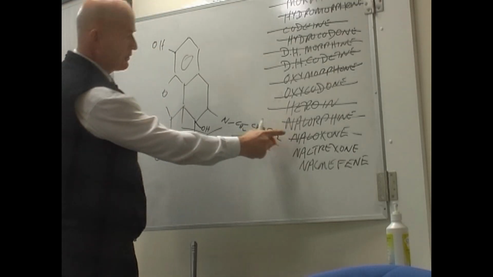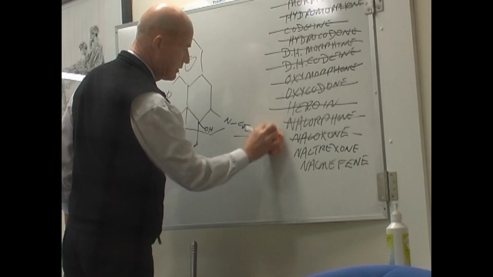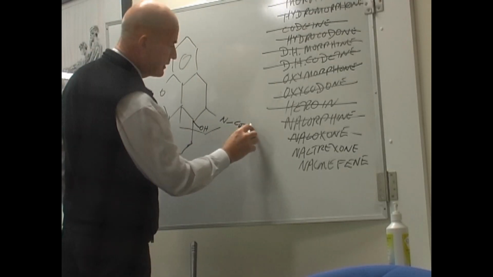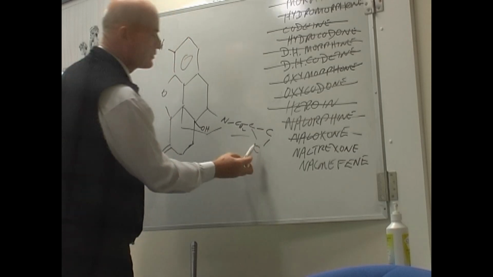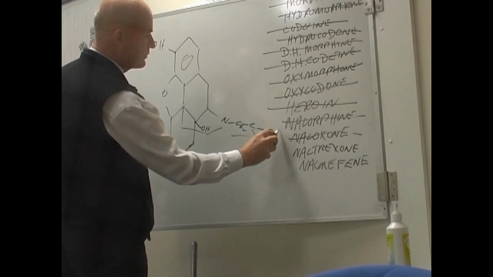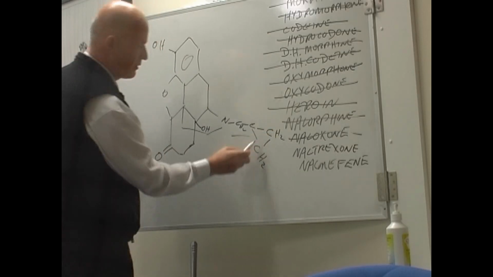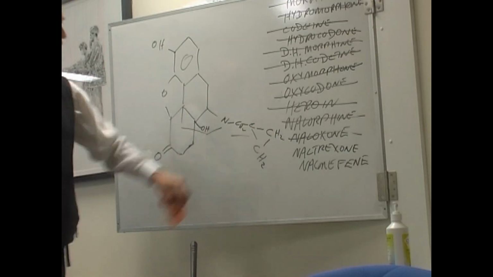To produce naltrexone, all we do is we get rid of this double bond between these two carbons, and we add another carbon, like cyclopropane. So forming this configuration produces naltrexone, just that tiny little change there.